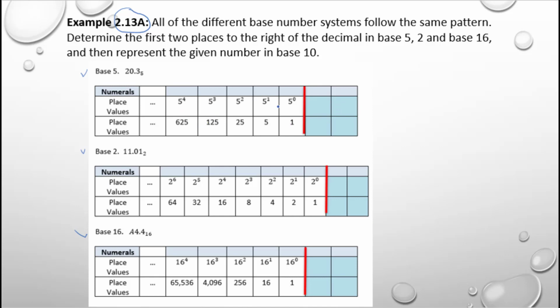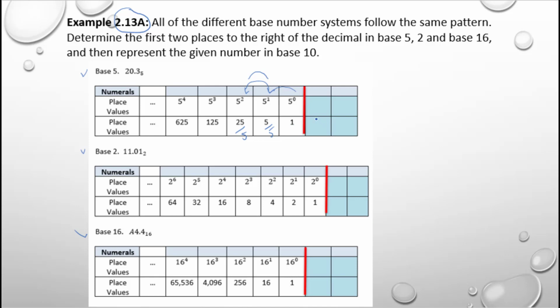So first of all, with base 5, we're dealing with powers of 5. You move this way, that's 5 times bigger, and that's 5 times bigger again. And you move this way, and it's 5 times smaller. So you take 25 and divide it by 5, you get 5. You take 5 and divide it by 5, you get 1.